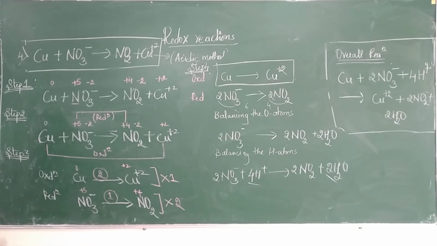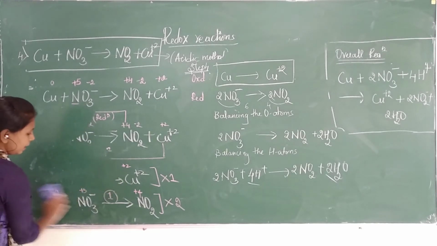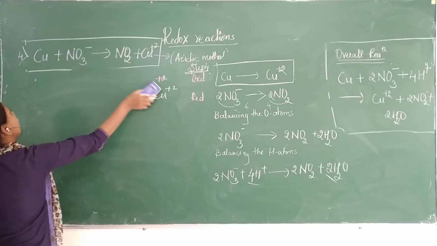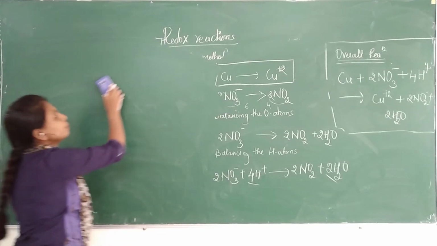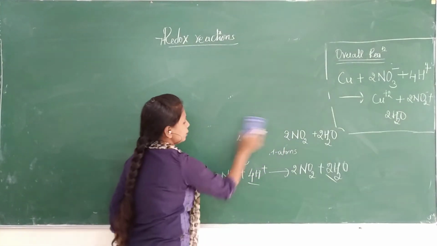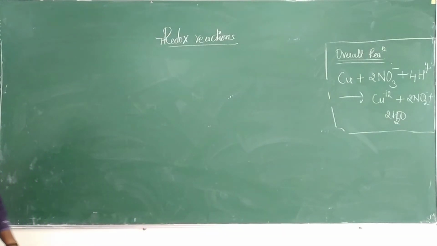Only step 5 changes. Or else all the other steps remain the same and common for the ion electron method. Clear? The change in step 5, now I will tell you.